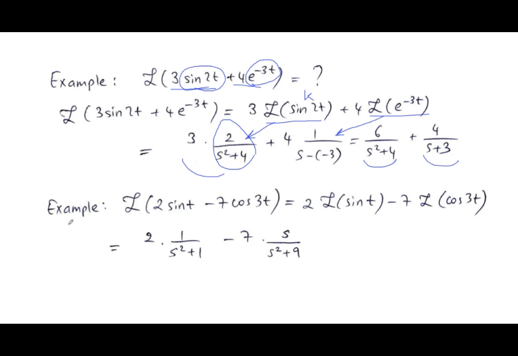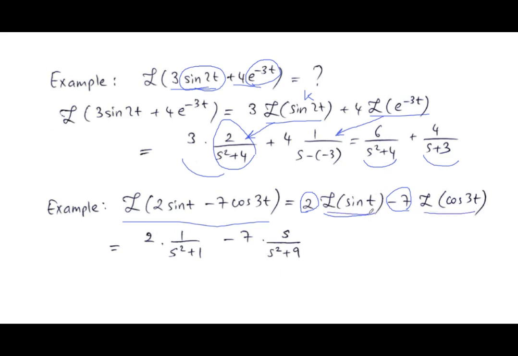Let's look at the next example. The Laplace transform of this expression, sine minus cosine terms. Again, apply the linearity property of the Laplace transform. Also take out these constant terms. You can take them out of the Laplace transform. And then focus on these sine and cosine terms.